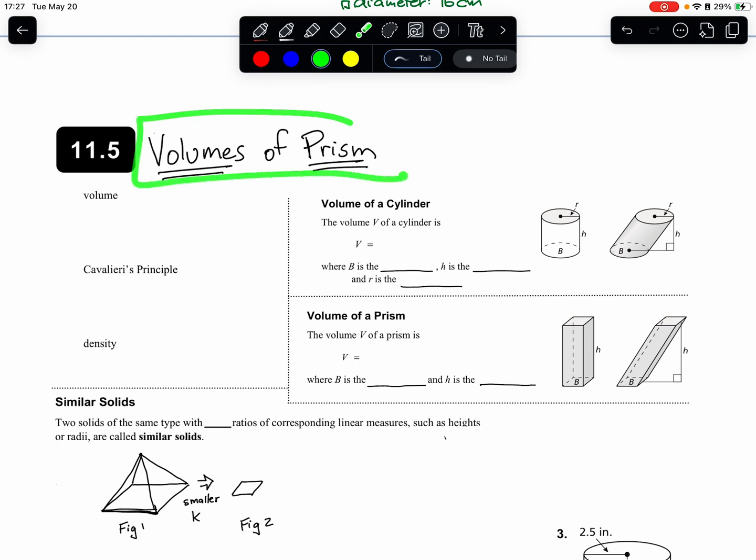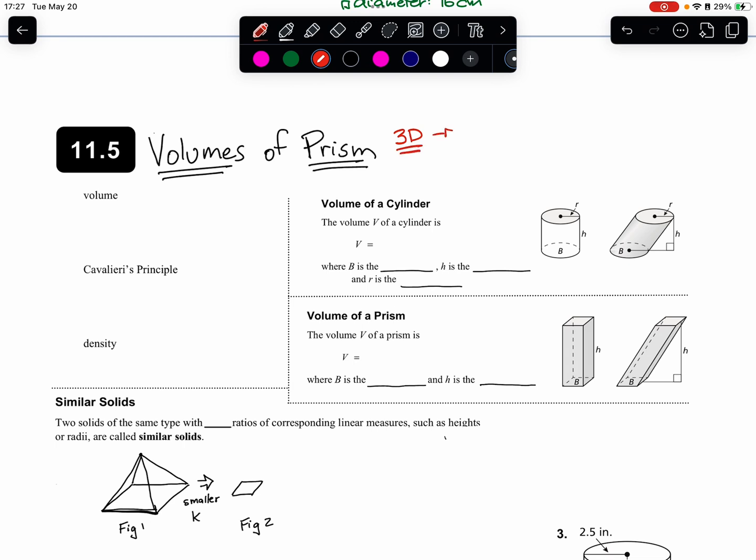Lesson 11.5. We are doing volumes of prisms. So today we are moving to the world of 3 dimensions. And our answers then, if you multiply, for example, miles times miles times miles, we have miles cubed.